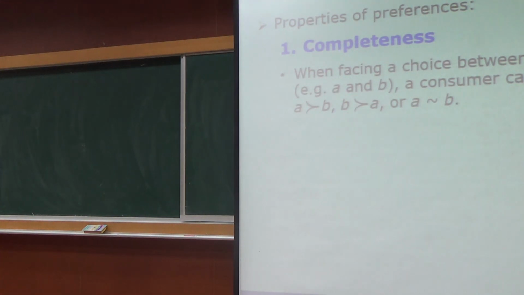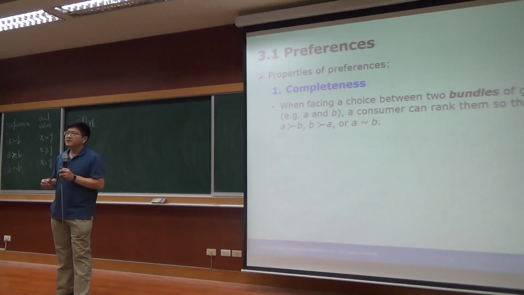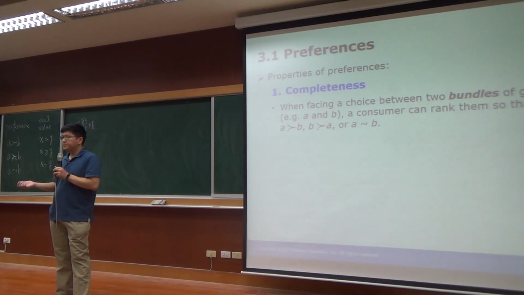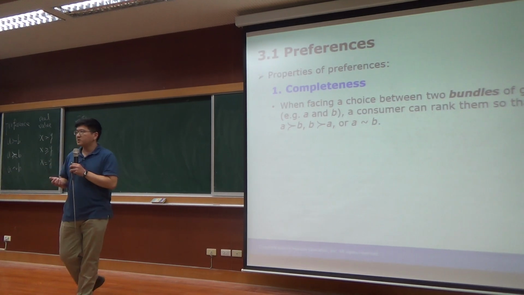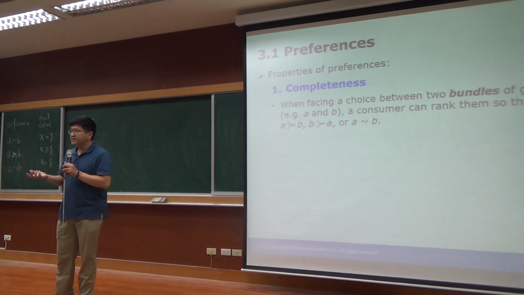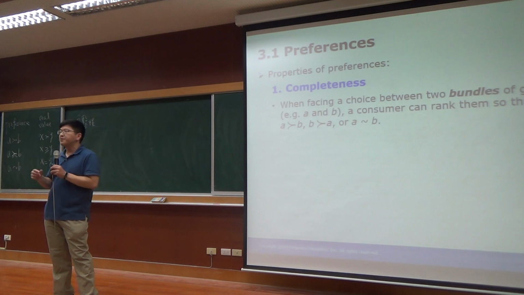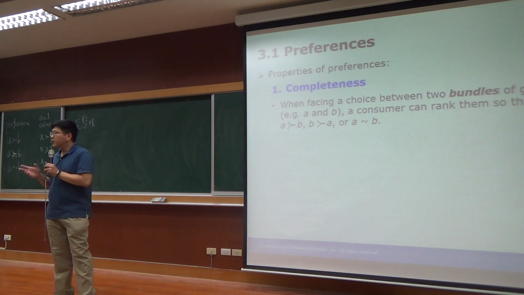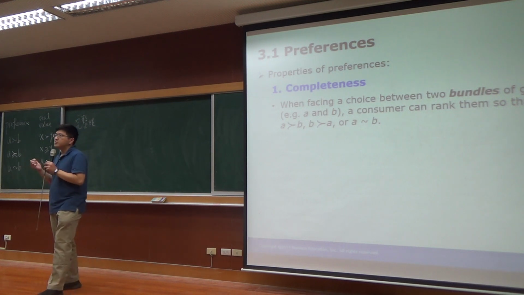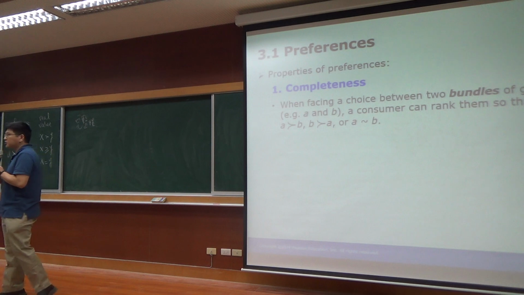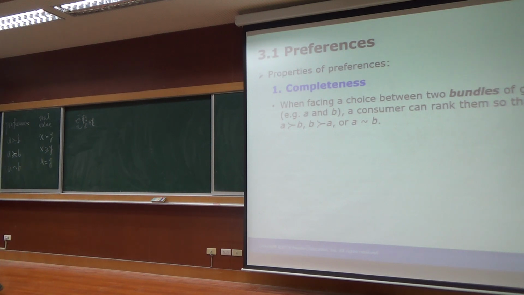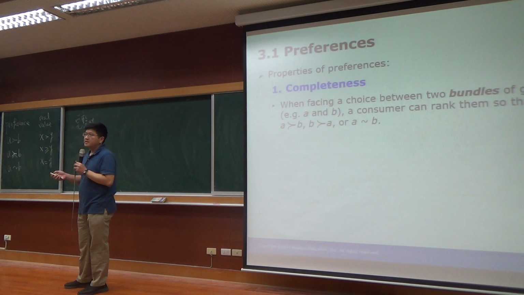Once again, whenever two bundles of goods or two goods are brought in front of you, you may decide instantly which one you prefer, okay? So you may prefer A, or you may prefer B, or you may think they are indifferent. Is that clear? We call this completeness.